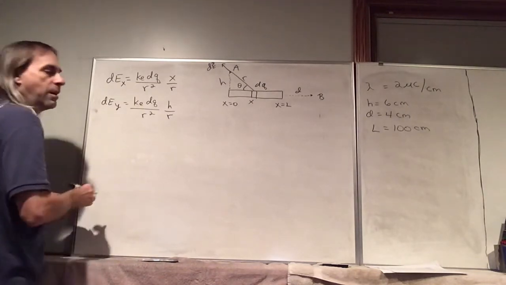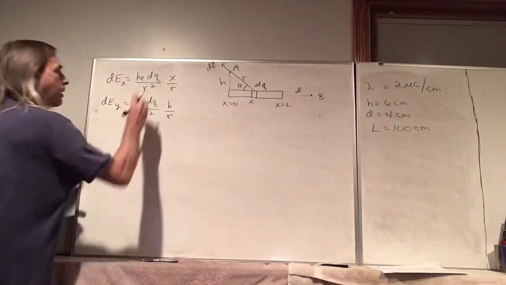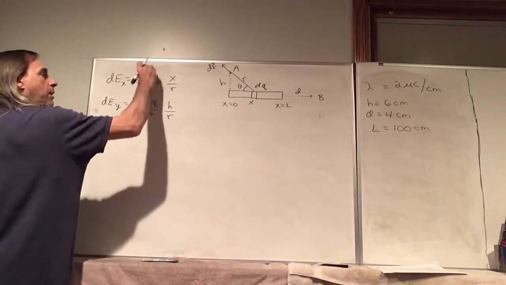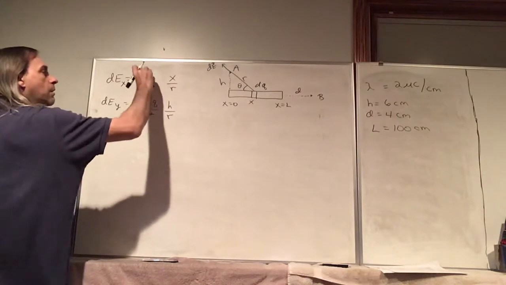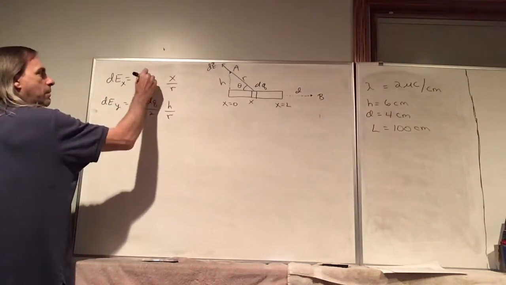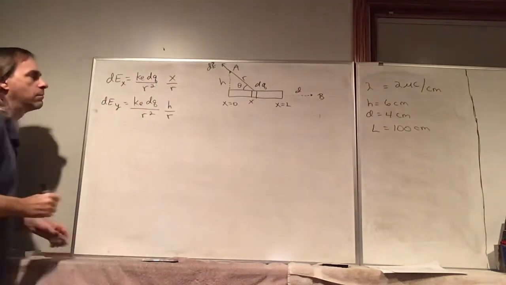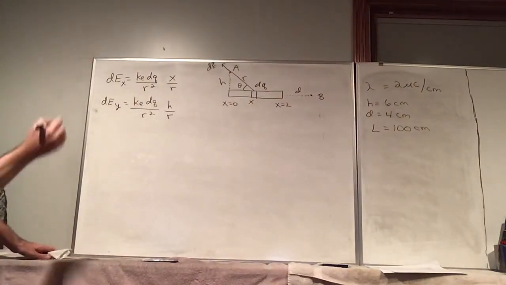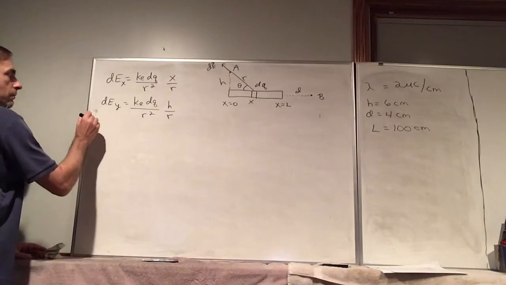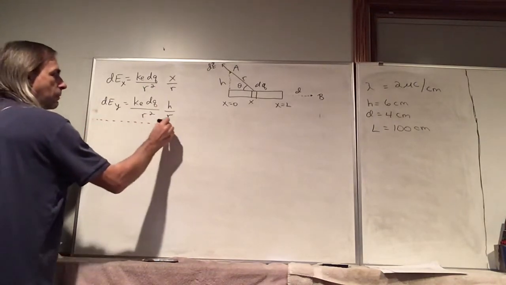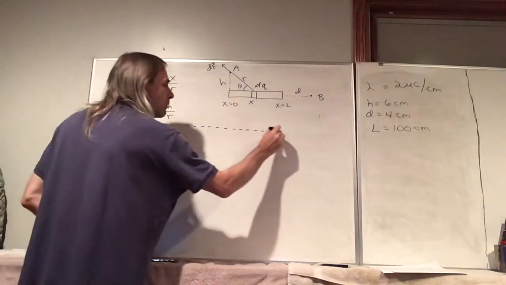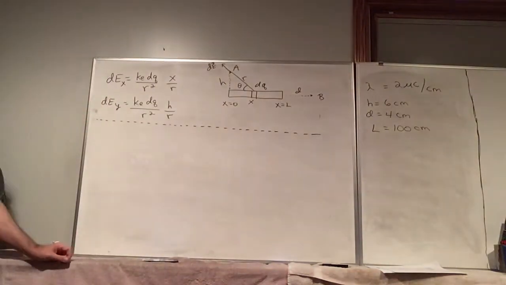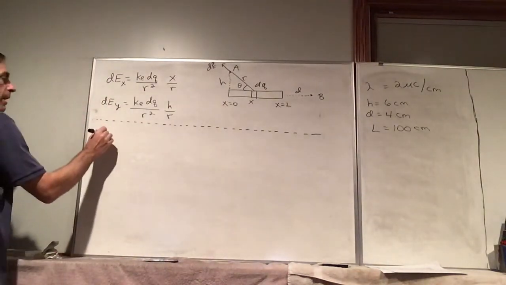And one more thing, let's replace dq with lambda dx. So again, instead of just writing this all out, kind of erasing it, because we have another change to make, we kind of start over almost. We have dE.